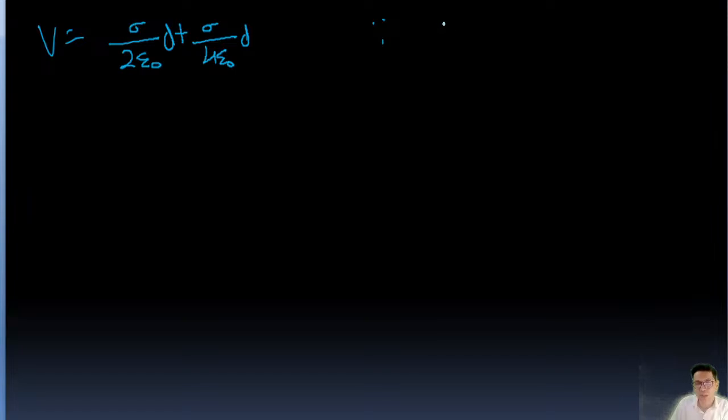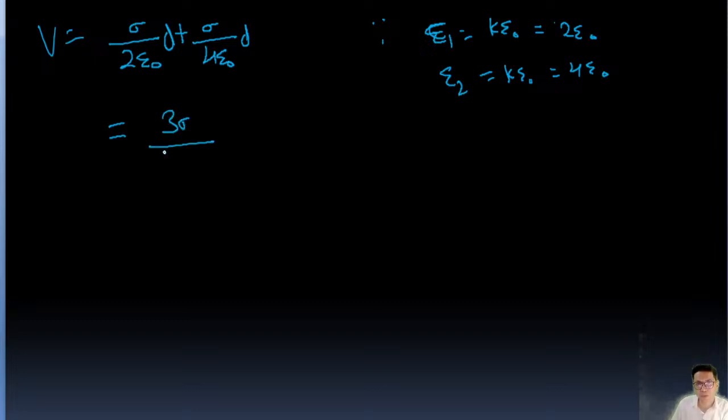Since we know that epsilon 1 is K epsilon 0, and K, the dielectric constant, is given as 2, so epsilon 1 is 2 epsilon 0, and epsilon 2 is K epsilon 0, equal to 4 epsilon 0. So this value is V. And if we solve it, this value is going to be 3 sigma upon 4 epsilon 0 D.